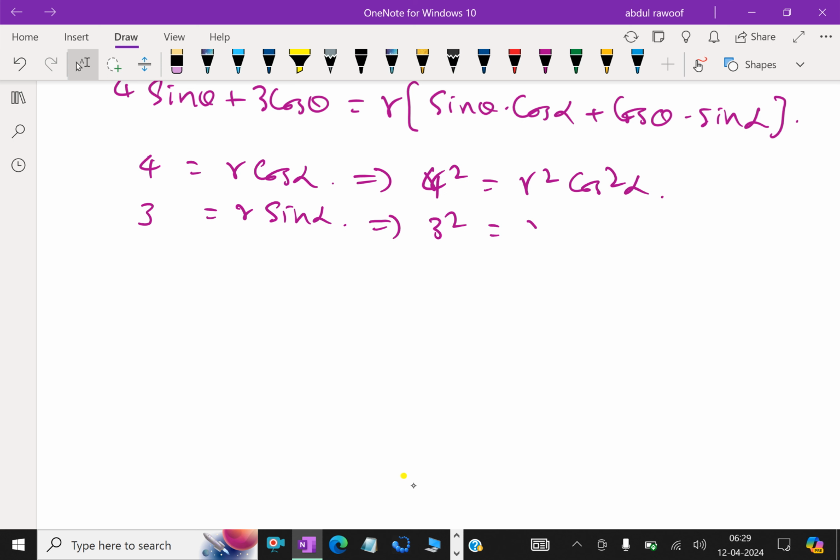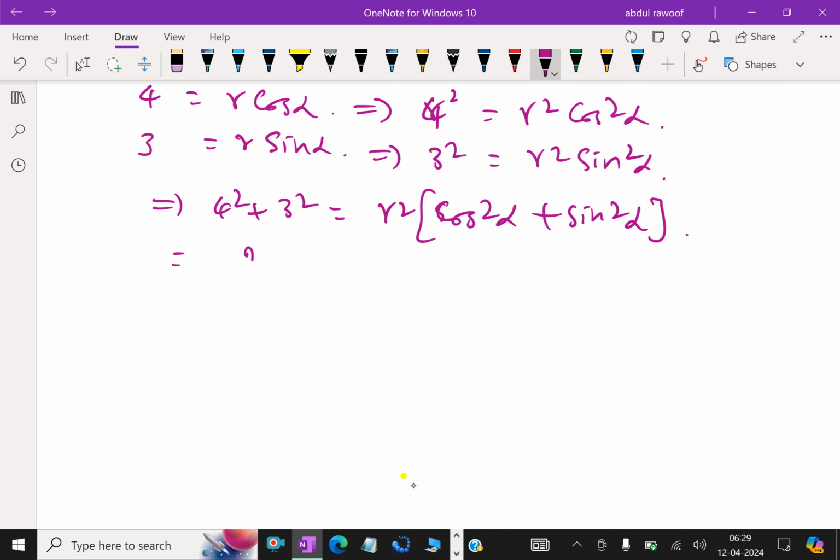Adding both sides, we have 4 squared plus 3 squared equals R squared (cos squared alpha plus sin squared alpha). Here 4 squared plus 3 squared equals 16 plus 9, which is 25, equals R squared, since cos squared plus sin squared is 1. Therefore R equals the square root of 25; let us take the positive side, which is 5.